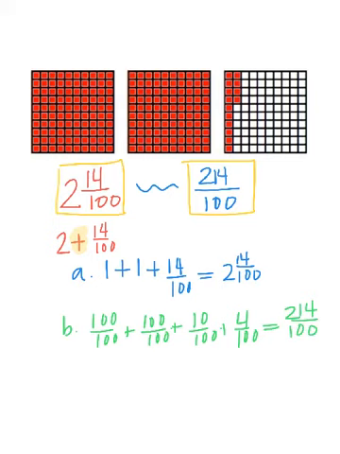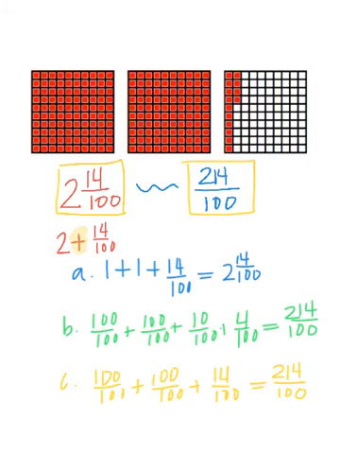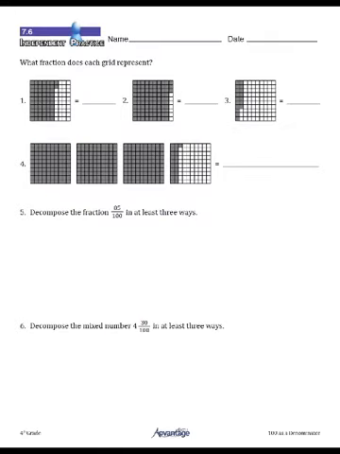And we could also try 100 hundredths plus 100 hundredths plus 14 hundredths, 214 hundredths.